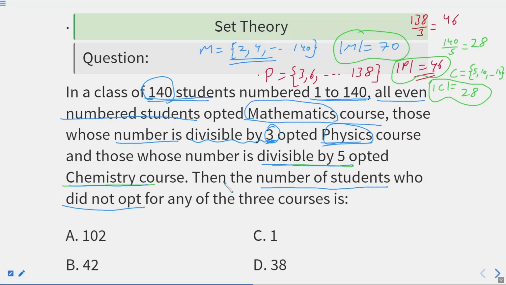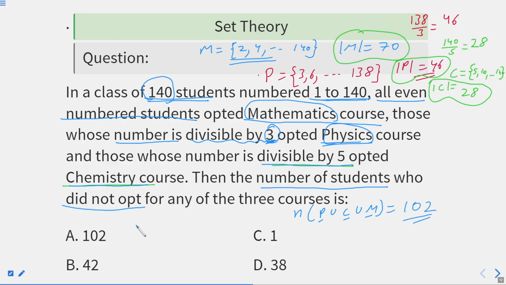102 is the number of students who opt for P union C union M. So the students who opt for either physics, chemistry or math is 102.